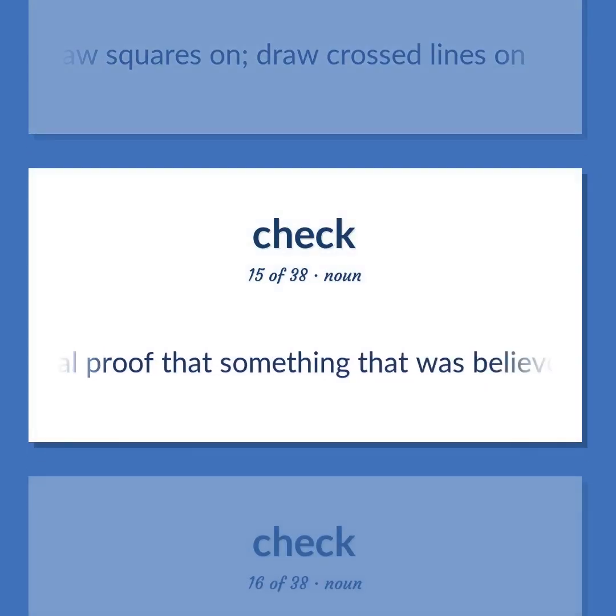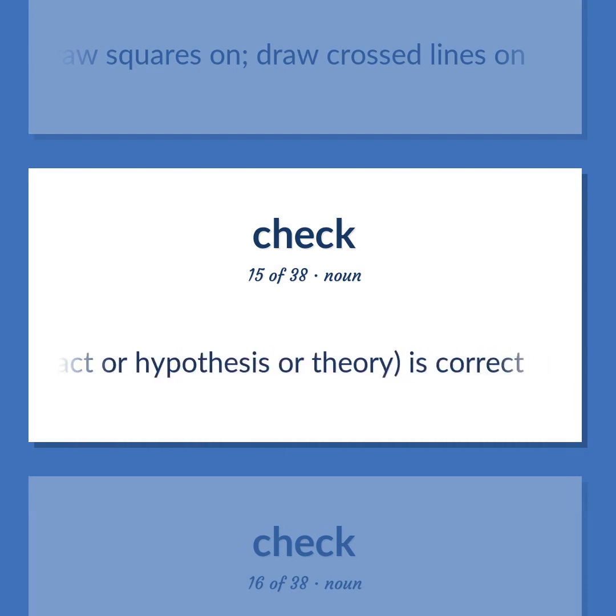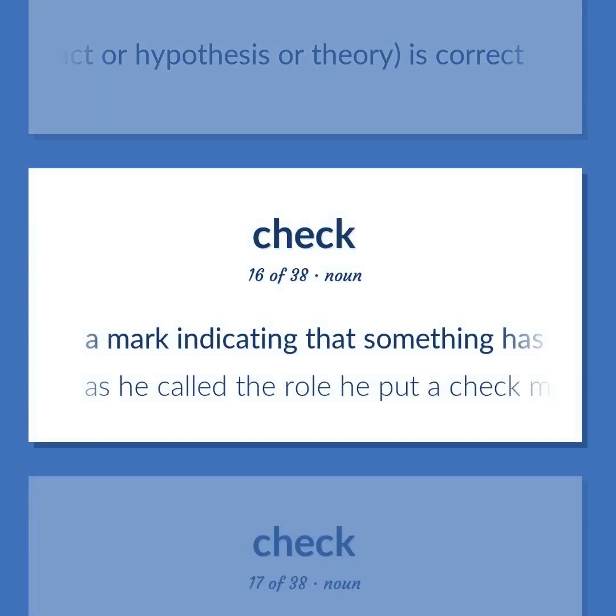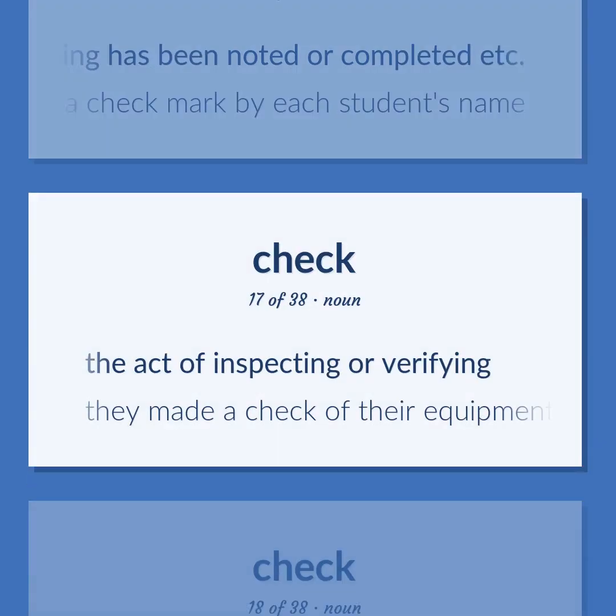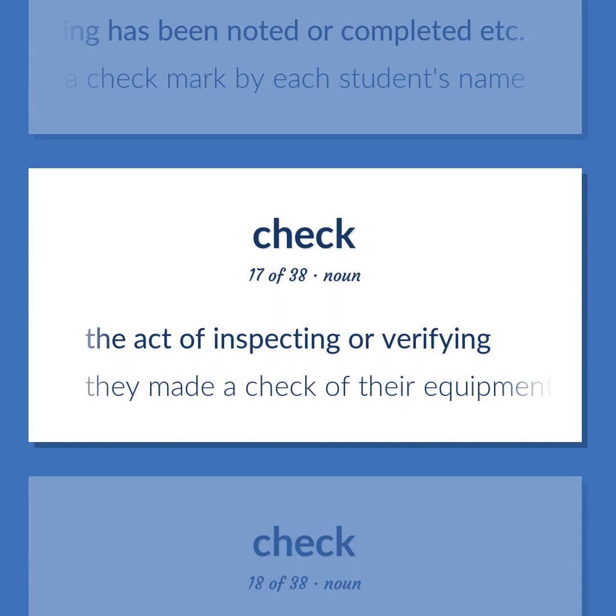Additional proof that something that was believed, some fact or hypothesis or theory, is correct. A mark indicating that something has been noted or completed, etc. As he called the roll, he put a check mark by each student's name. The act of inspecting or verifying. They made a check of their equipment.